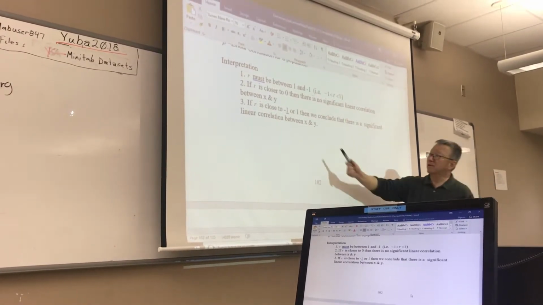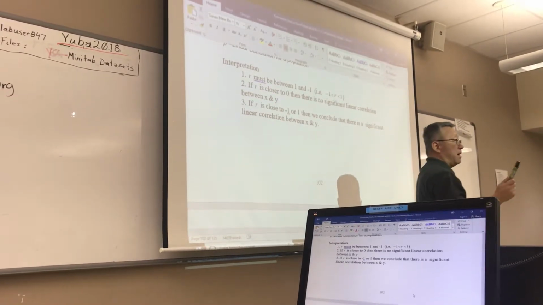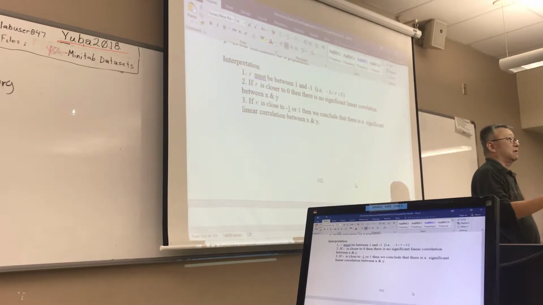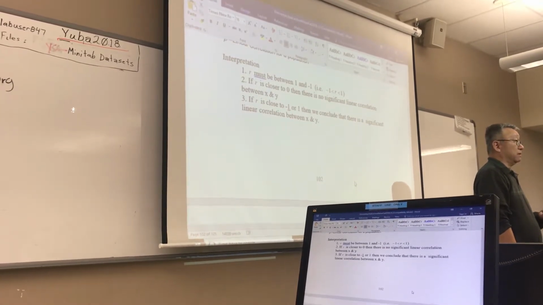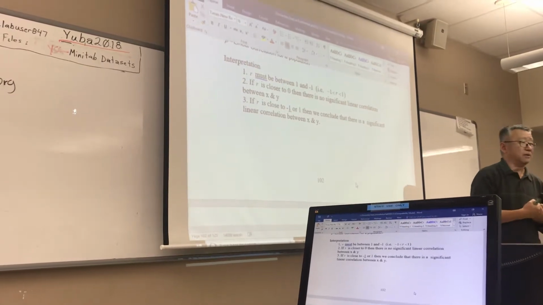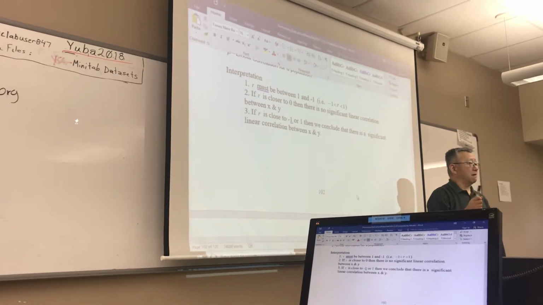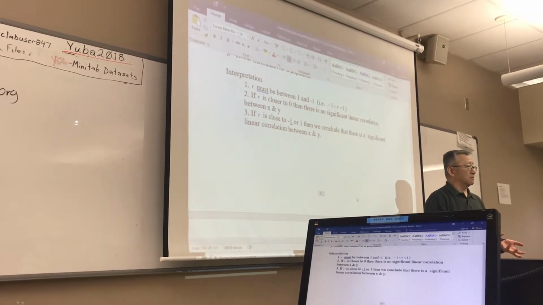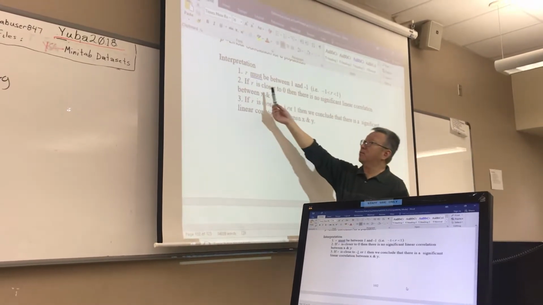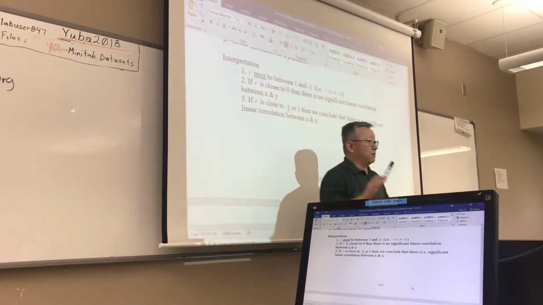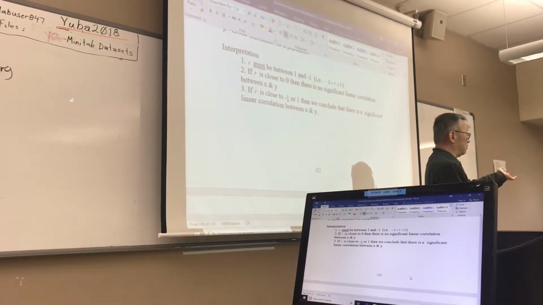Now, if the coefficient is very close to 0, then we assume that there's no correlation there. So we need to understand that. Now the problem here is this: what if it's right at 0.5? How do you know whether we have a correlation or we don't? When we find the coefficient, we are only assuming that there's a correlation or there's no correlation.